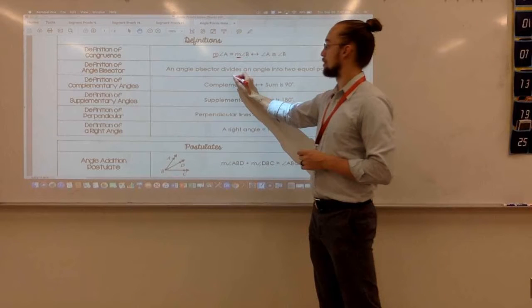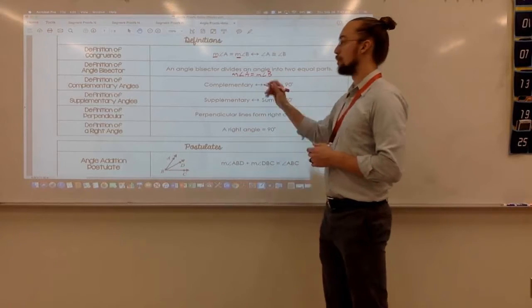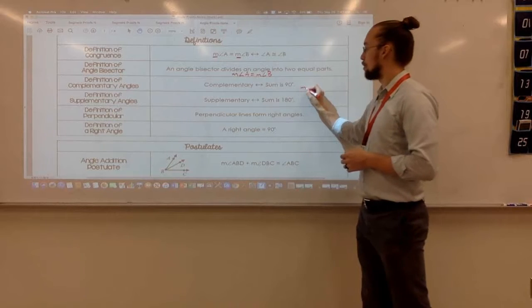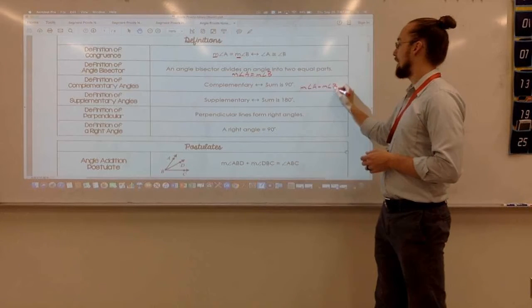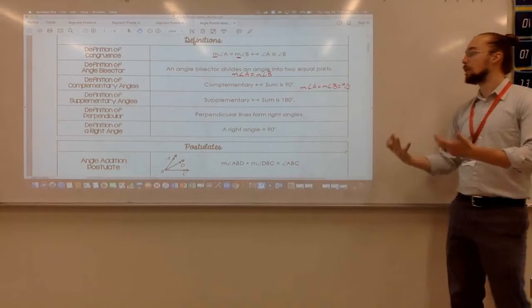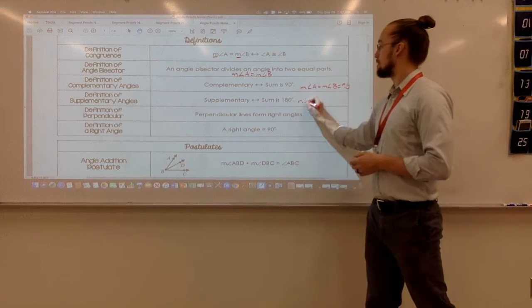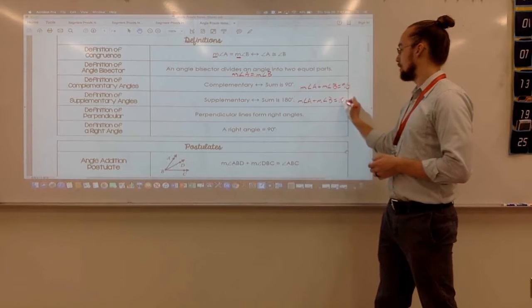Right? We'll be able to say that 2 angles are equal to each other if we know that we have an angle bisector. Right? If we have complementary angles, what we'll be able to say is 2 angles, their measures add to 90. If we know 2 angles are supplementary, we'll be able to set up an equation. Say the measures of those 2 angles will add to 180.